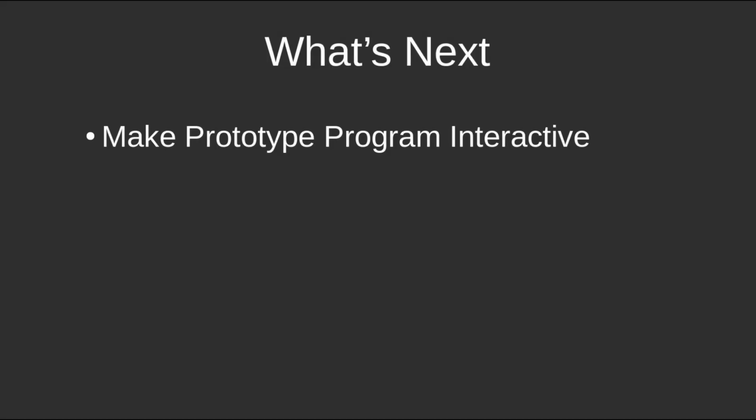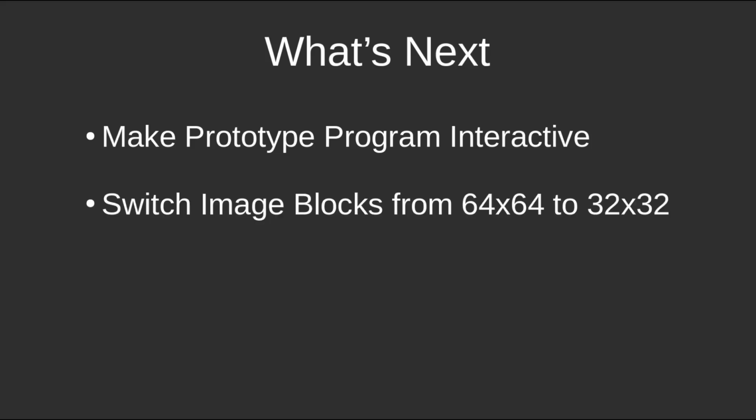All right, so I've demonstrated a bunch of things, but still this is just in mock-up phase, so I'd like to get around to actually making this prototype do something aside from load. So that would obviously be the next step. After that, I'd like to switch over the size of the image blocks from 64 by 64 to 32 by 32.